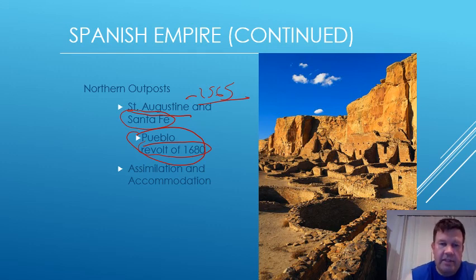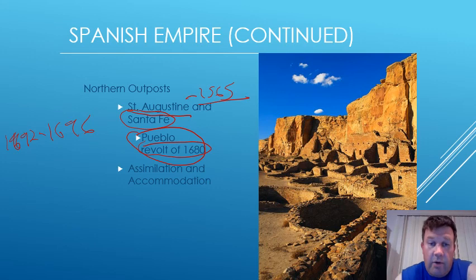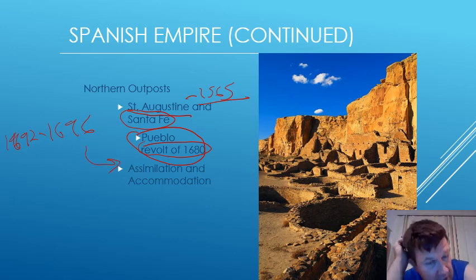The slight difference this time is when Spain comes back in 1696, somewhere between 1692 and 1696, and reestablish control of the region. Rather than subjugate these people again, instead they kind of adapt to a policy of what we call assimilation and accommodation.